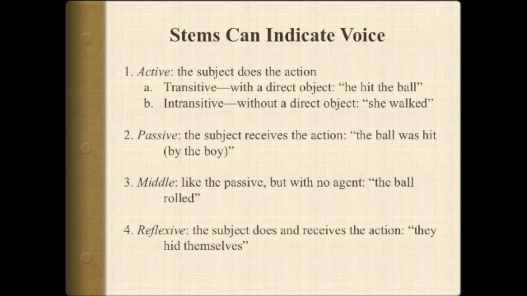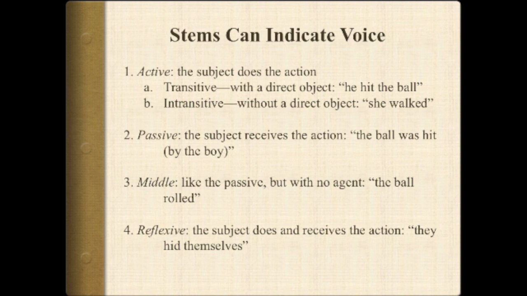In passive voice, the subject of the verb receives the action. So the ball was hit by the boy. So the subject of the verb is still the ball, but something is happening to the ball. Middle voice, which is not terribly common in Hebrew, is kind of like the passive, but with no agent outside the object, the subject that is affected.